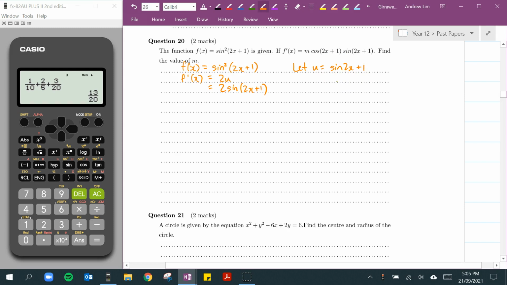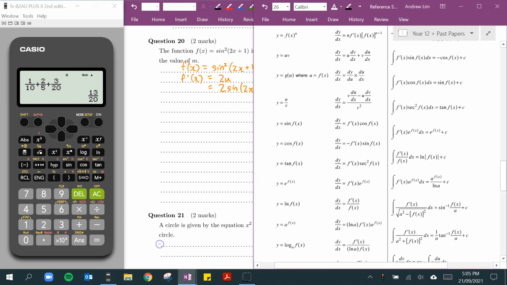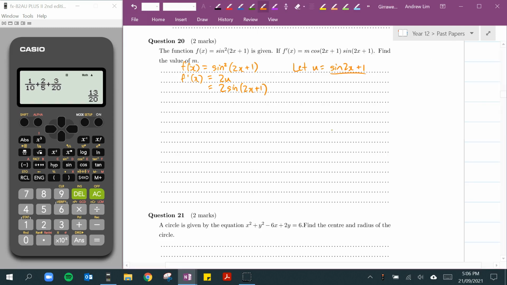We need to multiply by the derivative of this. When we differentiate sine 2x, what do we get? When we differentiate sine f of x, we get f dash of x cosine f of x. So here's my f of x. Differentiate that, we get 2 cosine f of x, which is still 2x. Sorry, this should be 2x plus 1.